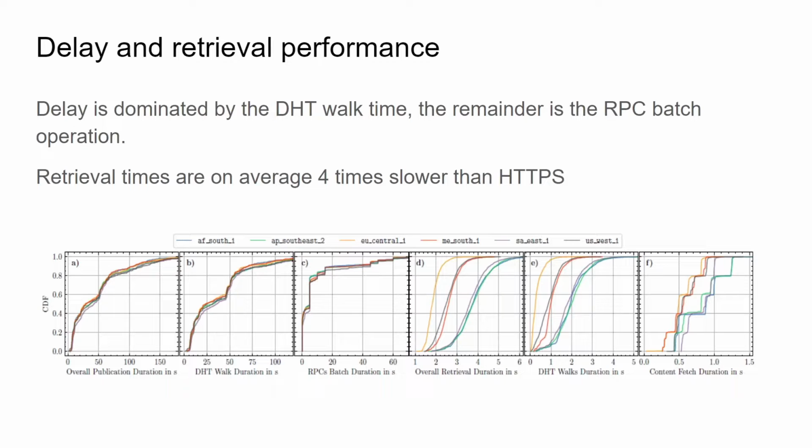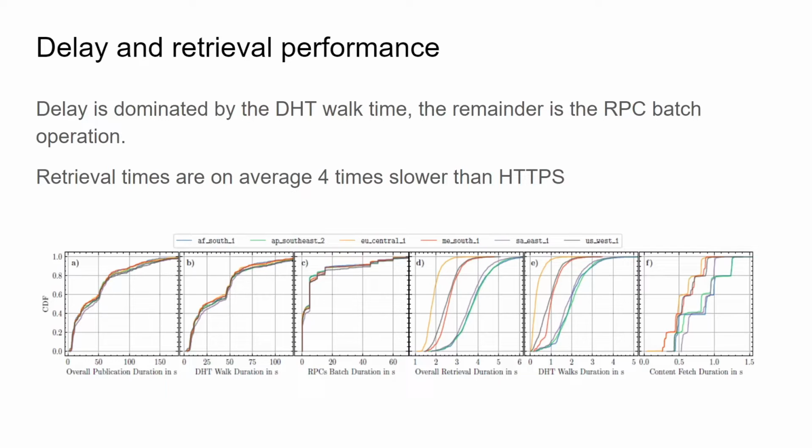These series of graphs describe the delay and retrieval performance of IPFS. For the delay, it is primarily composed of the time required to do the distributed hash table walk, which on average is 87.9% of the overall delay, while the RPC batch operation, which sends the record of data providers to selected peers, comprises most of the remaining delay.